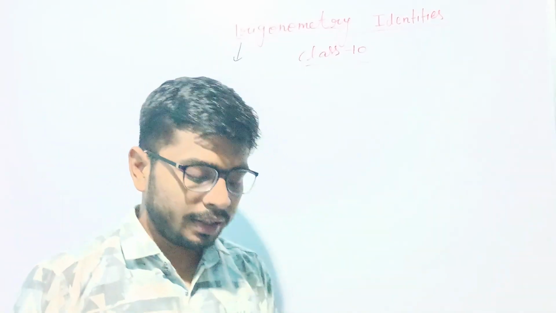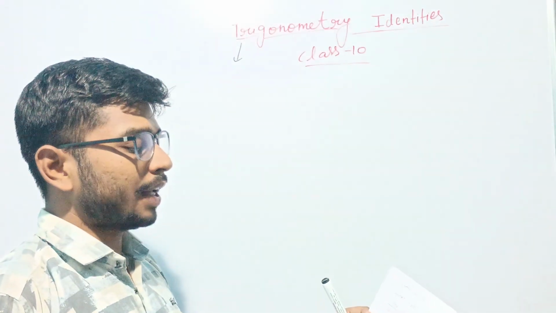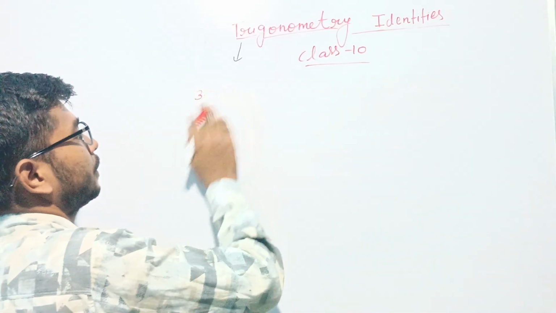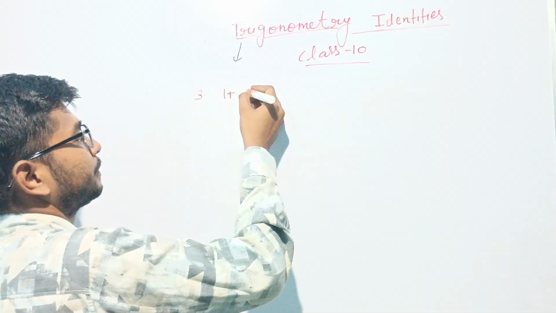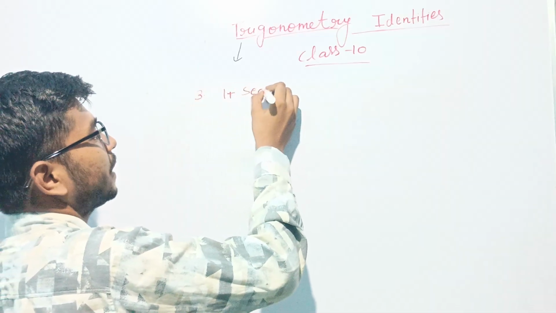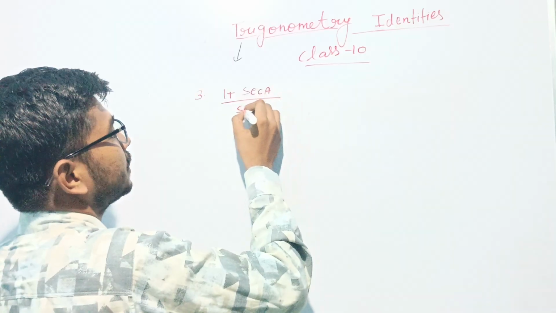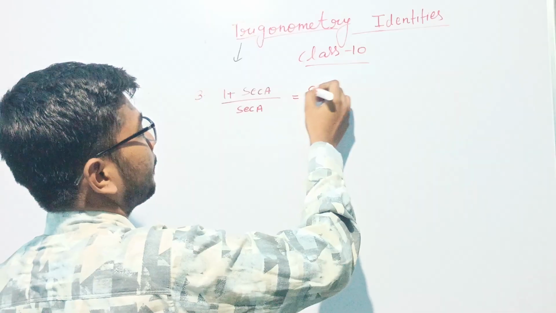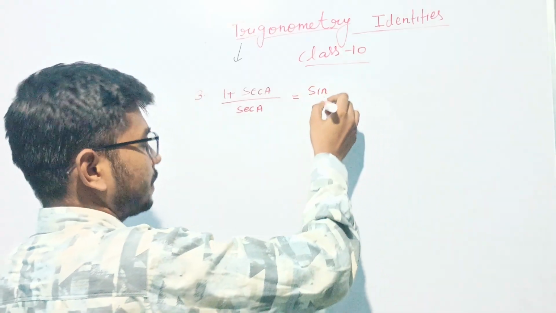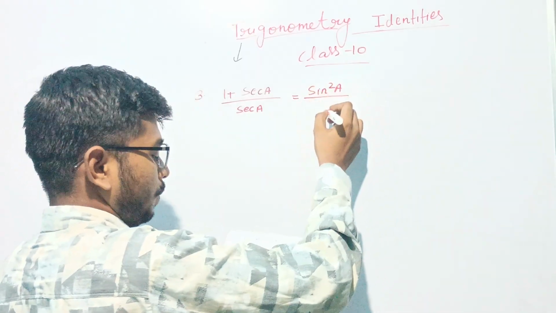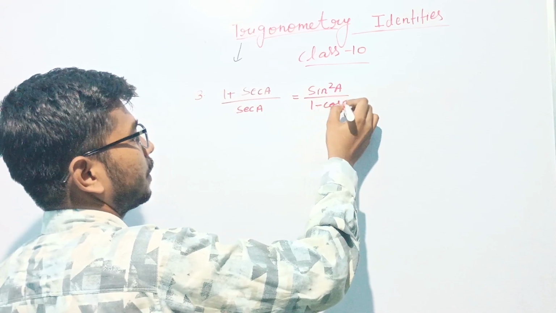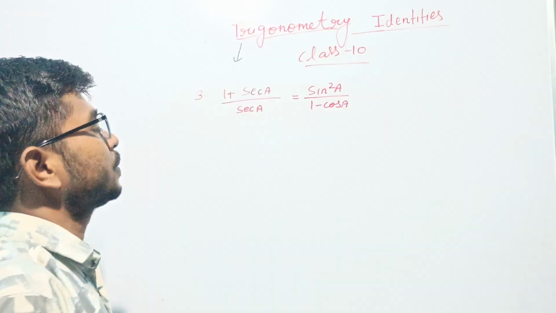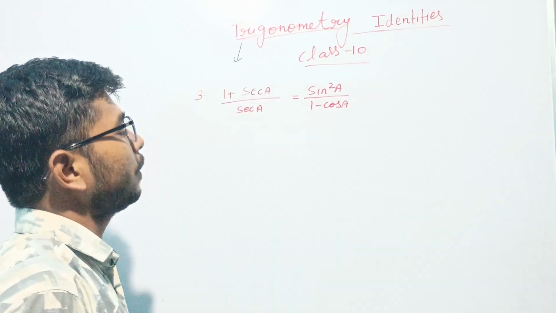Third question: 1 plus sec a upon sec a is equal to sin square a upon 1 minus cos a.